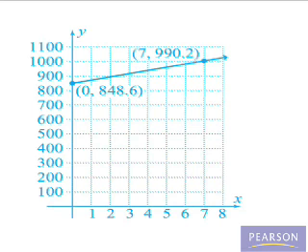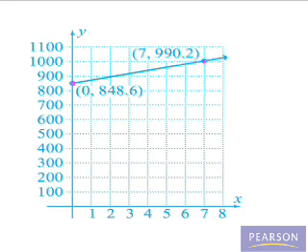And you can see we have plotted that in 1999 there were 848.6 million people who traveled, so we have that plotted here approximately. And then 7 years later there are 990.2 million people traveling 50 miles or more for leisure. So after plotting these points, we can then draw the line connecting them.